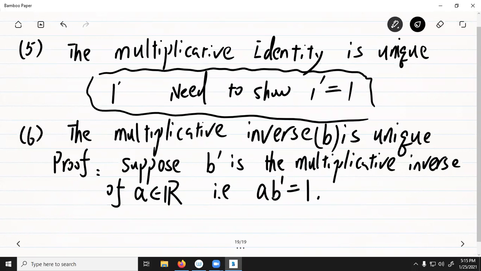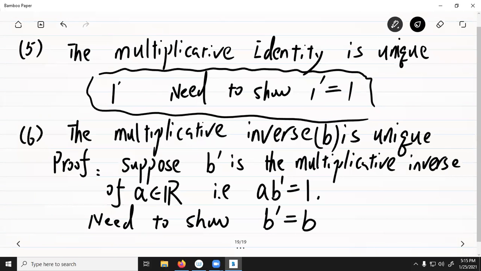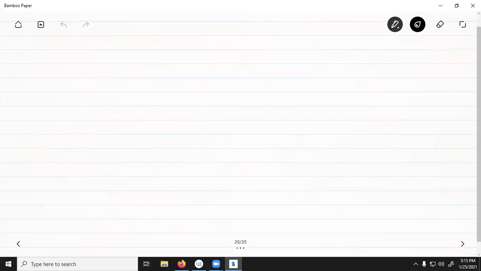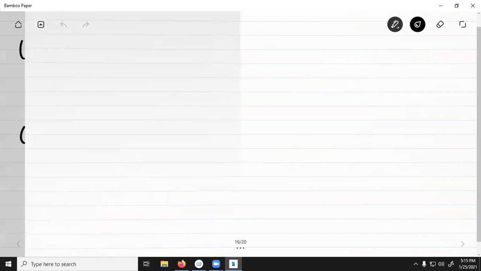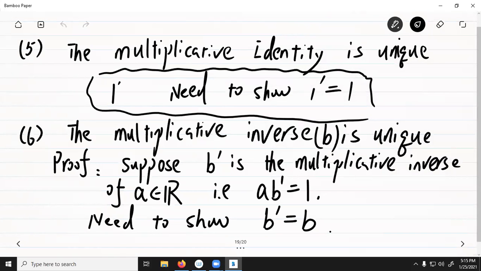The next thing is we need to show that B prime is equal to B. B is the one we already denoted as the multiplicative inverse of A, right? So we need to show that. How do we do that? So let's start from B prime. I give you time to write down. Is that okay? I can continue.